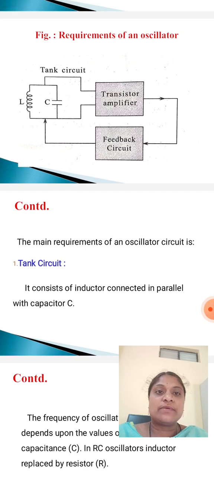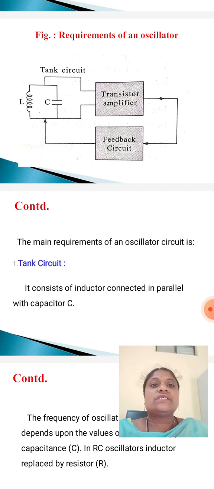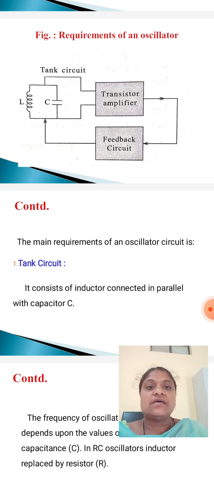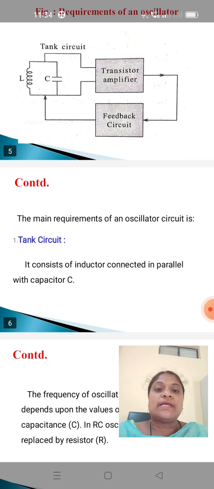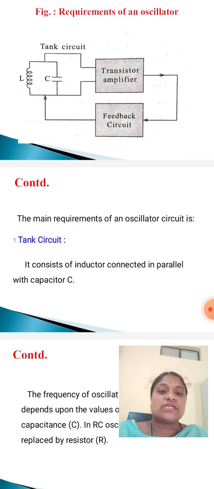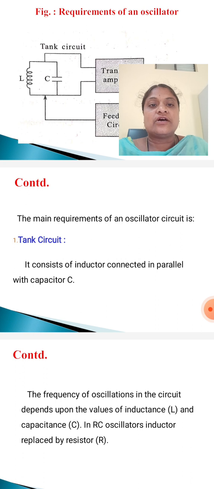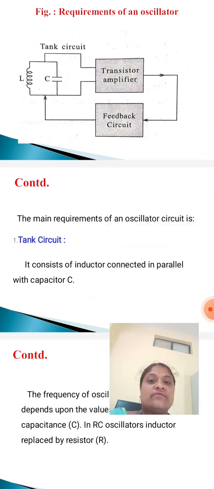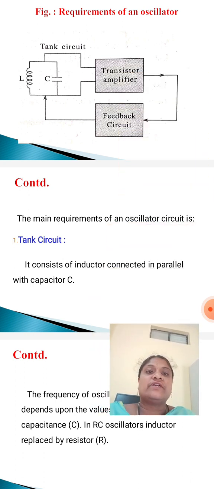These requirements of an oscillator circuit consist of one tank circuit, which consists of an inductor and capacitor connected in parallel, one transistor amplifier and one feedback circuit.